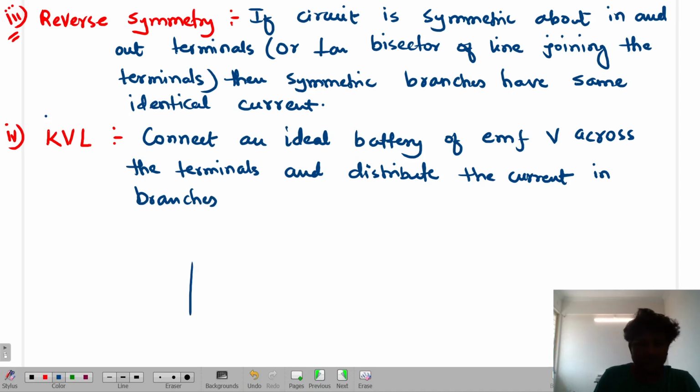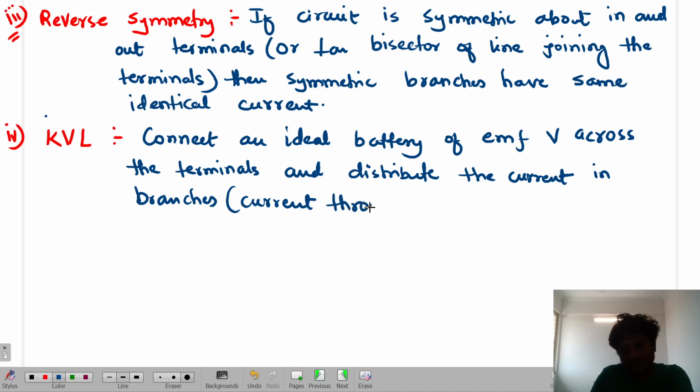There are resistances in the edges of the cube. So the point is connect an ideal battery of EMF V across the terminals and distribute the current in the branches. That means consider the current through the battery to be I.